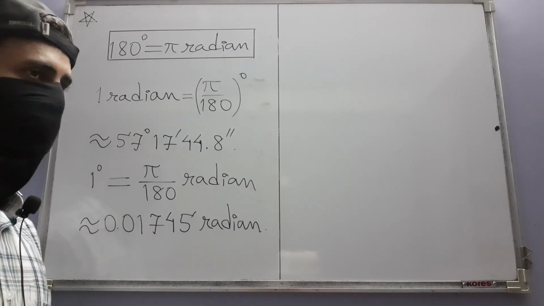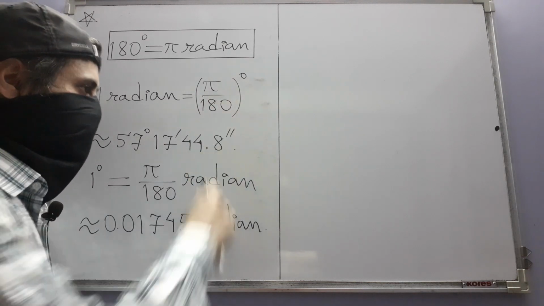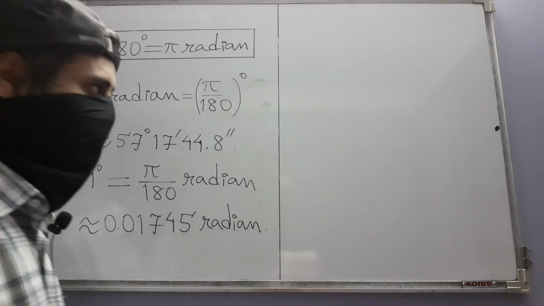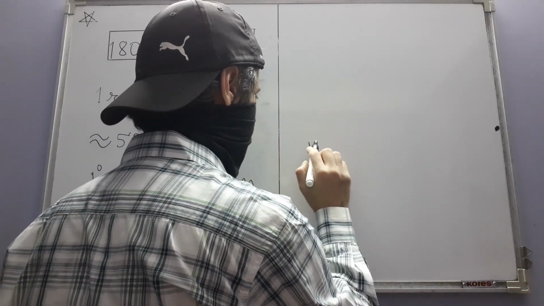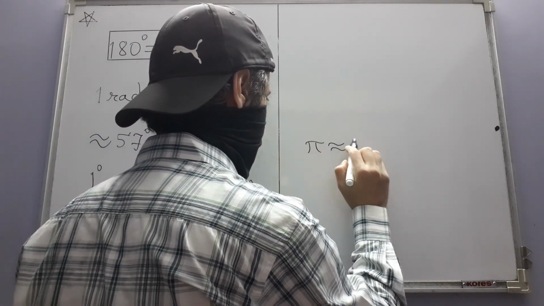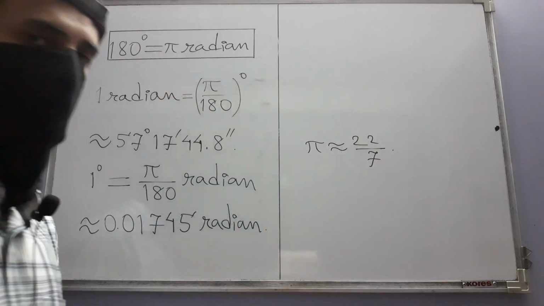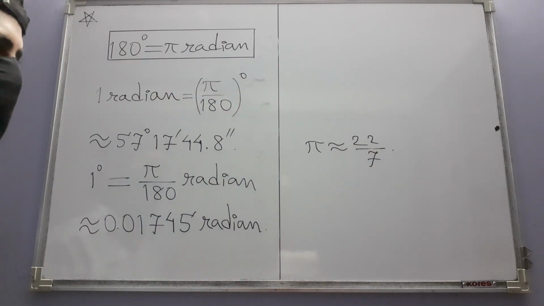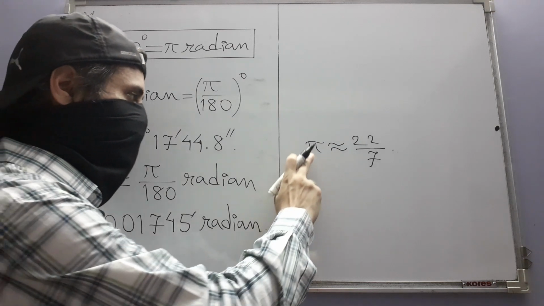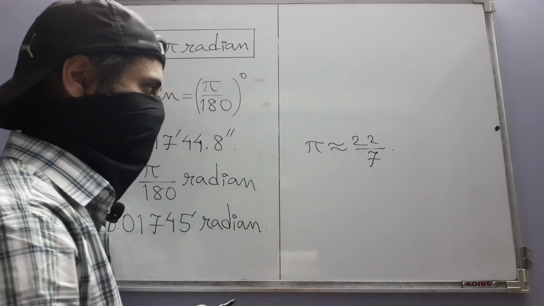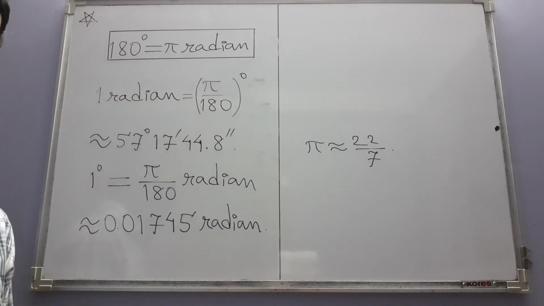Now, if you want, you may use this approximation in place of pi, which is what we normally do. But you can also use some other approximation. You cannot, of course, use the entire value of pi, since that is irrational.